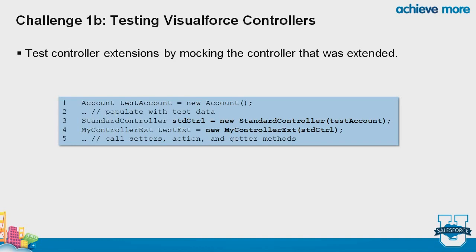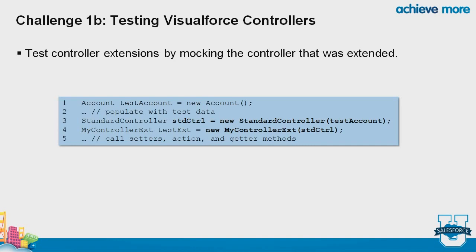A special type of Apex controller that you write is a controller extension, which is nothing fancy except for the constructor, that it takes the standard controller as a parameter. So how do you instantiate that?